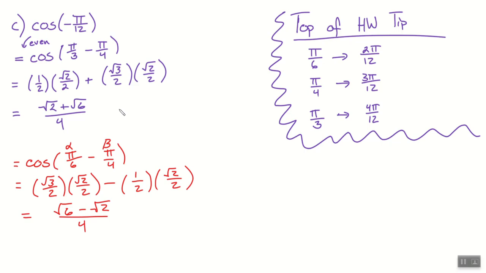What's weird about the cosine expansions for sum and difference? Plus or minus changes to what? Minus or plus. This was a minus here. This was a minus. Hey, that better be a plus. And look, they're the exact same.